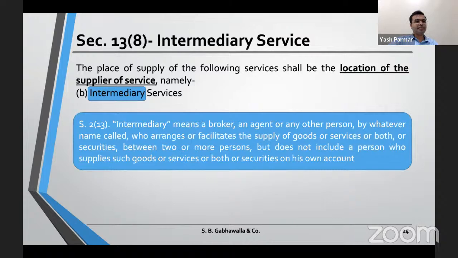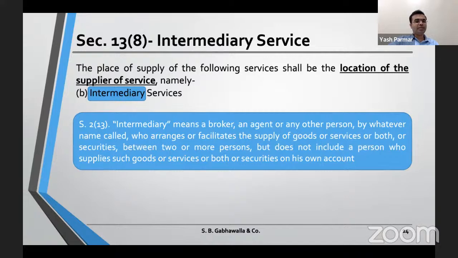Section 2, subsection 13 defines the term intermediary as a broker, agent, or any other person by whatever name called, who arranges or facilitates the supply of goods or services or both, or securities, between two or more persons, but does not include a person who supplies such goods or services or both or securities on his own account.